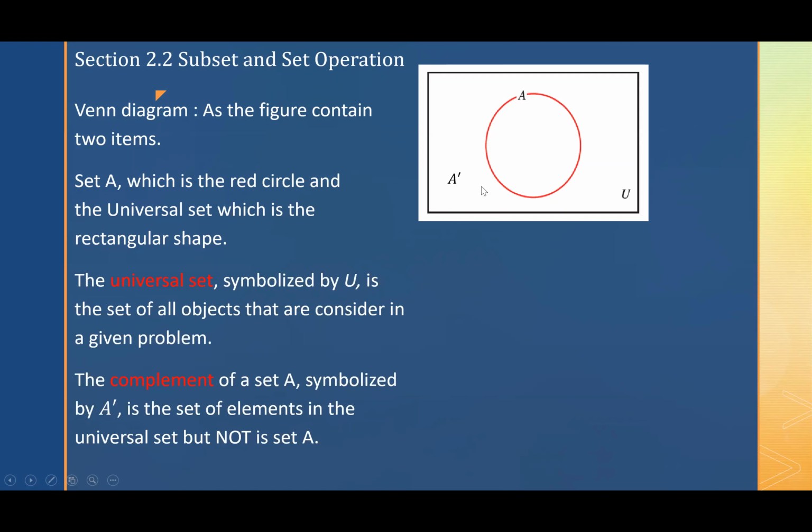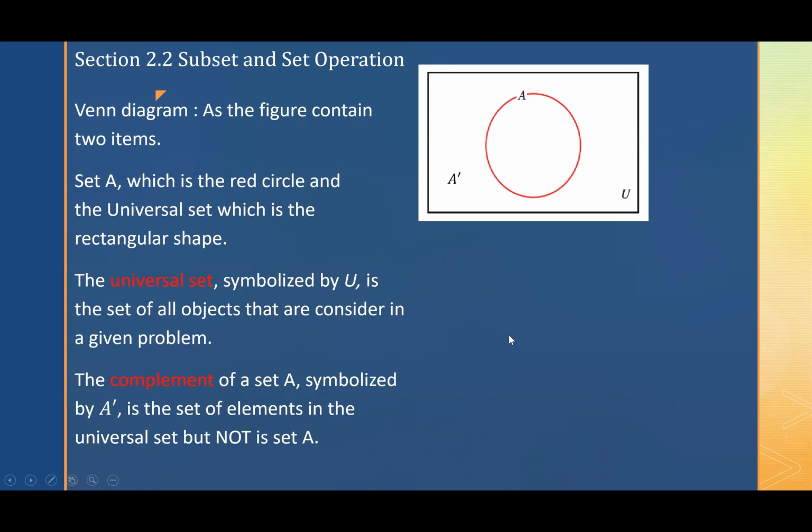So the complement of A, we call A prime, or A with a line through it, right here. A prime is the complement of A, which is basically the items inside the universal set, inside your limitation, but outside your circle A. Okay, that's what A prime is.